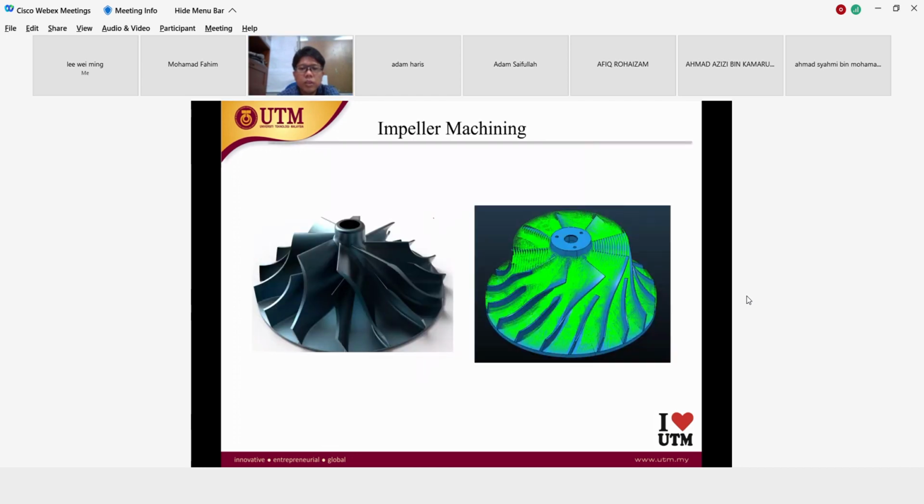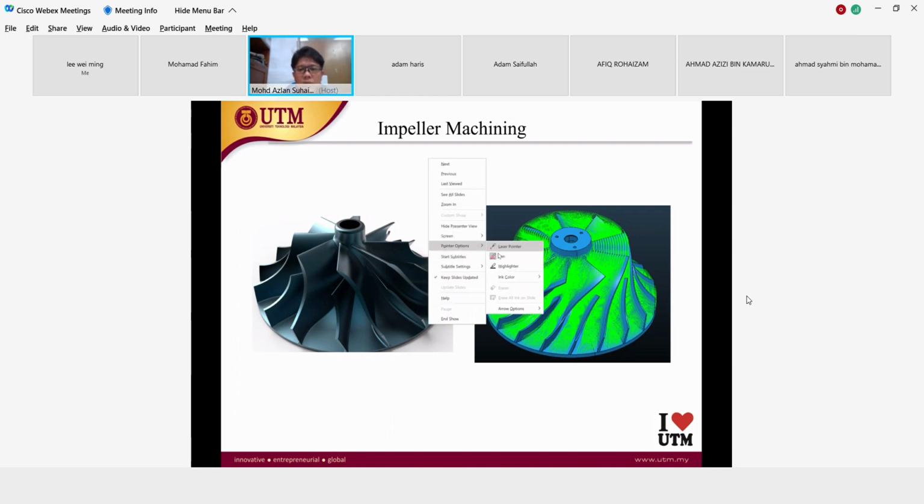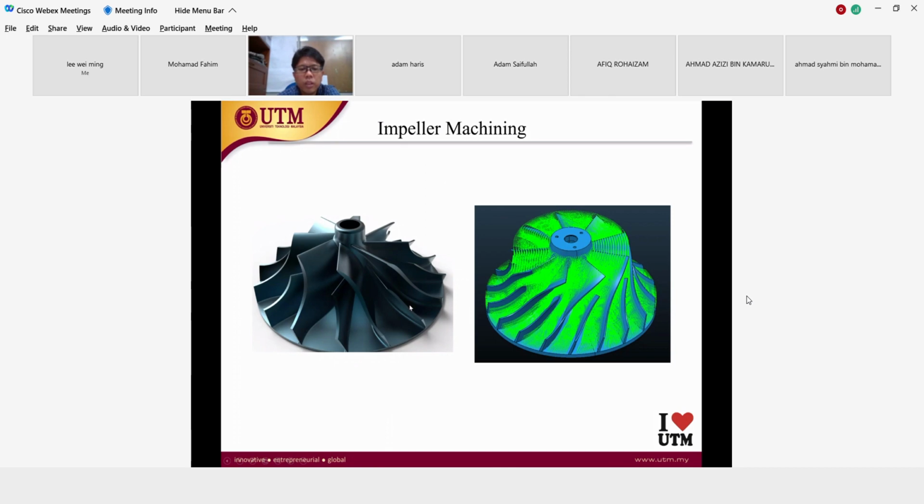So this is an example of CAM software. This is the NC code. Imagine you have a design like this, and you want to give instructions to the tool to go from here to here, and repeat, in order to cut this impeller shape.